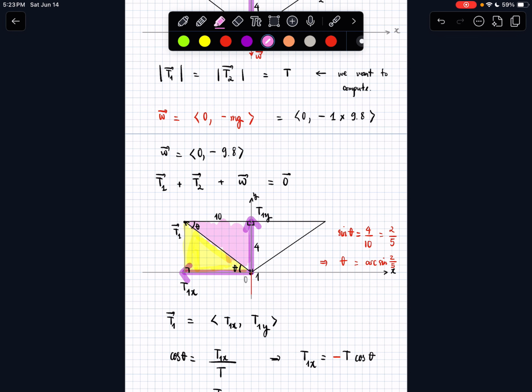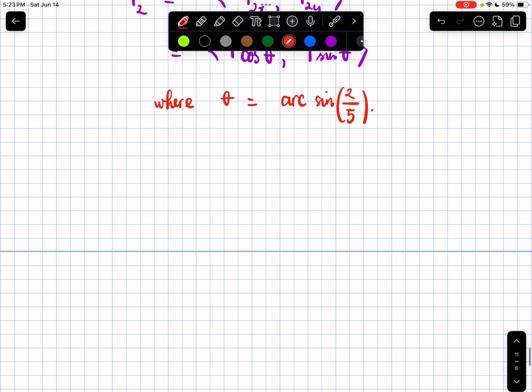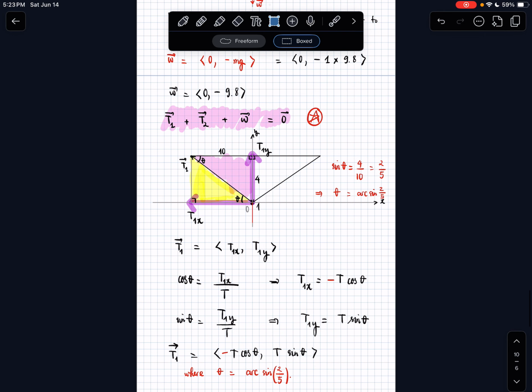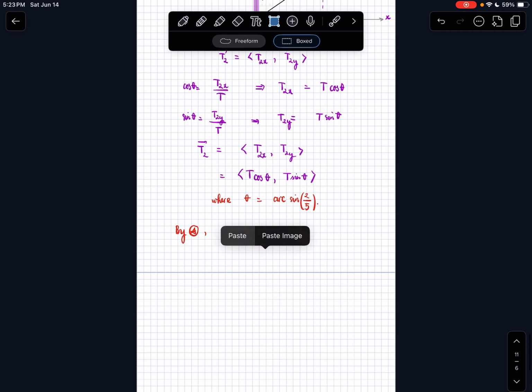So we have the two forces T1 and T2. Now plug T1 and T2 into this equation, which I'll call equation star.